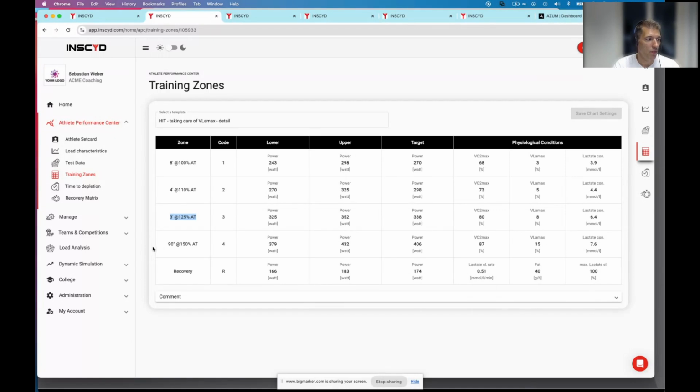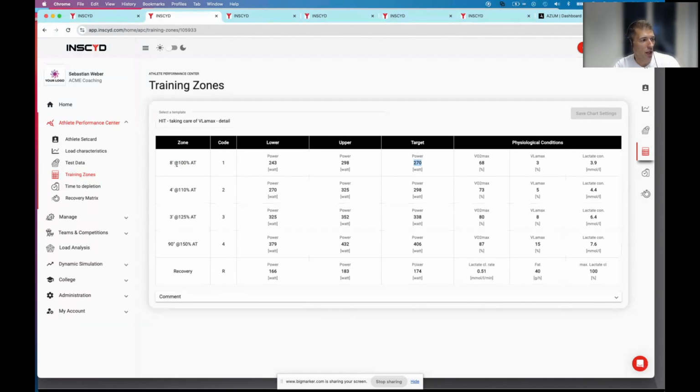I did put the intensity to something that most people are familiar with, which is a percentage of anaerobic threshold. You could argue, oversimplified speaking, a percentage of FTP. Now what you get is the power output we've seen already before. Anaerobic threshold in this athlete was 270 watts. You might remember that.